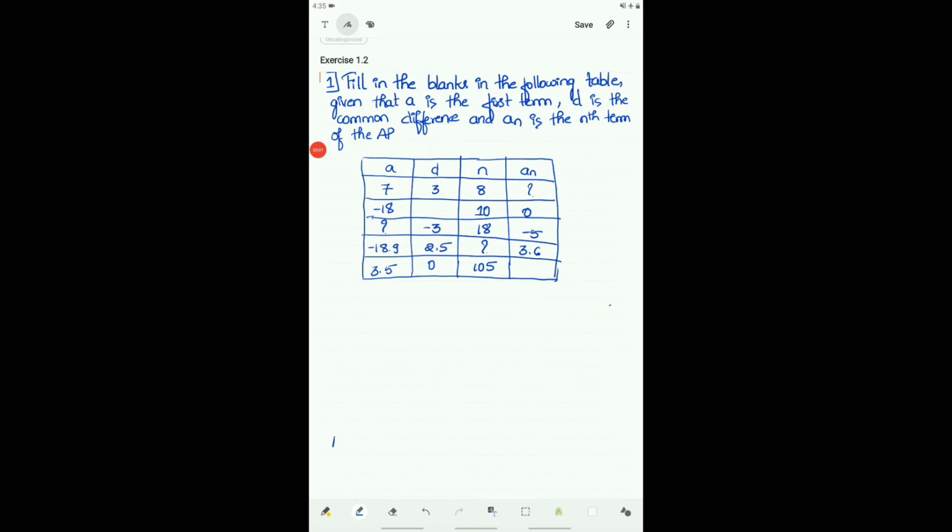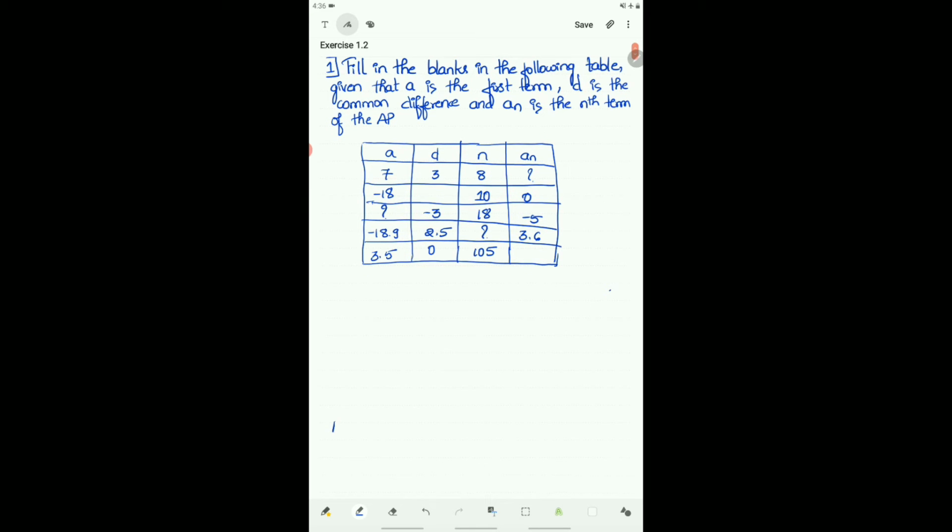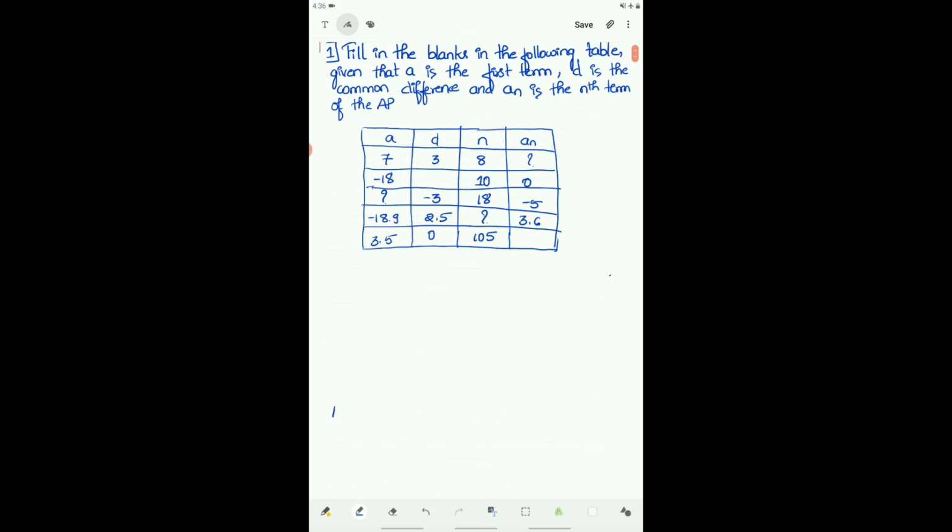Exercise 1.2 has a table in which the first term is a, the common difference is d, the number of terms is n, and the nth term is An. We have to fill in the blanks by calculating, using the formula An is equal to a plus n minus 1 into d. Take the first one.